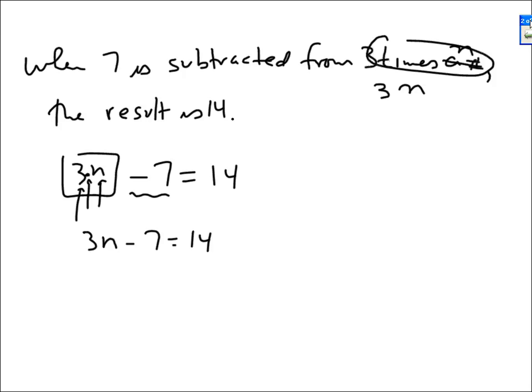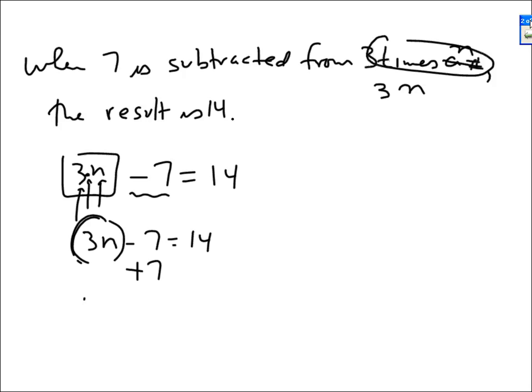Well, you really should know that 21 take away 7 is 14. Because I don't care what is in this circle. Something take away 7 is 14. It's 21. 21 take away 7 is 14. That is, 3n must be 21. You really hate that?